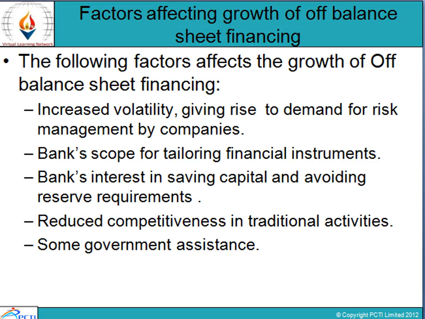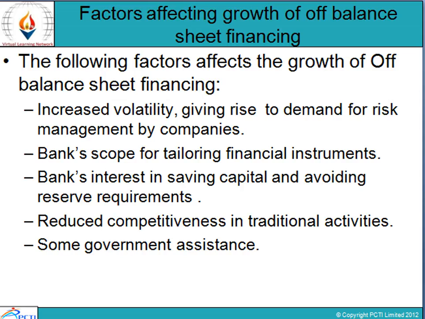There are certain factors which also affect the growth of off-balance sheet financing. The first factor is increased volatility which gives rise to a lot of demand for risk management by companies. Second factor is there is a lot of bank scope which is now tailoring a lot of financial instruments as well. Third factor is bank's interest in saving capital and thus it avoids any kind of reserve requirements.